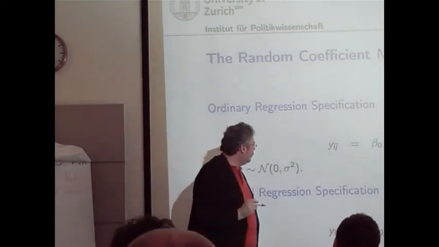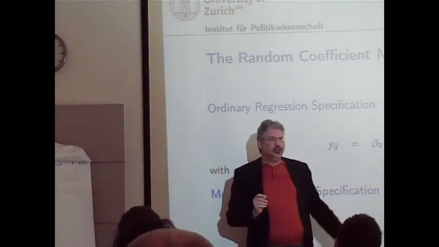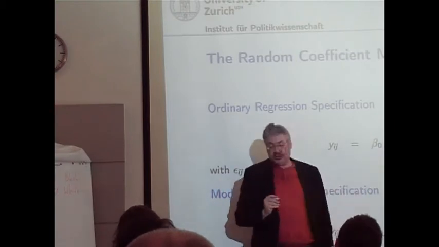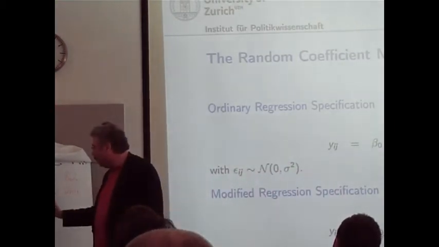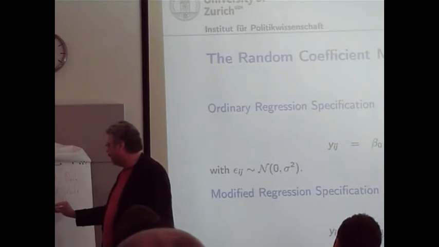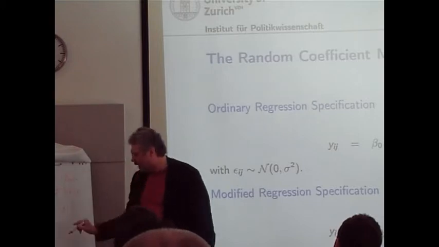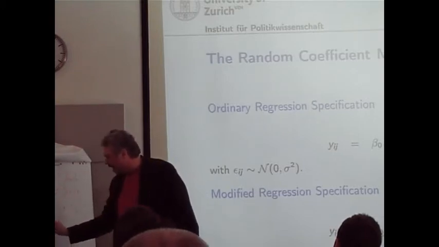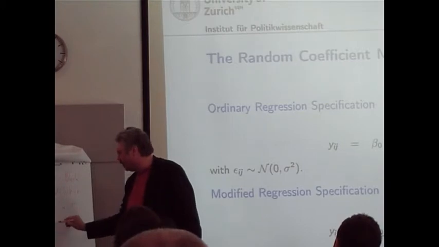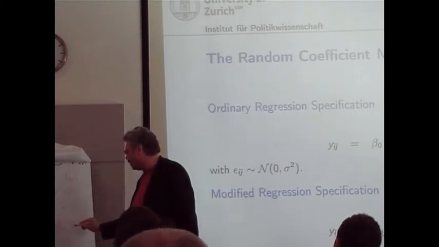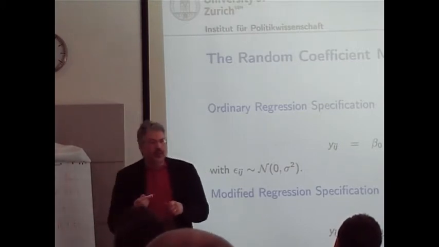So if you look at what the equation looks like for white individuals, it becomes Yij equals beta 0 plus epsilon ij. And for blacks, it becomes beta 0 plus beta 1 plus epsilon ij.